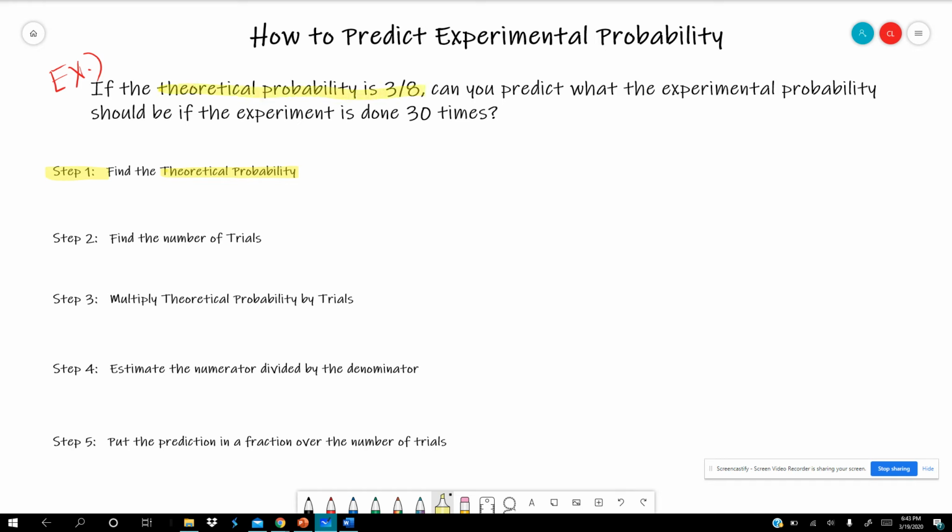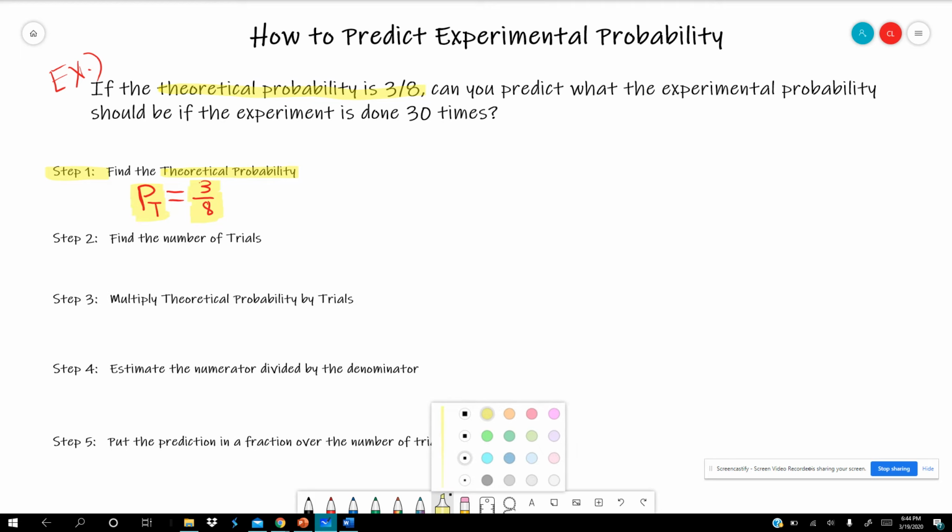So we can write that in. When we use our symbol for probability, we use a P, and to show that it's theoretical, we put a little t. So the theoretical probability equals 3/8 here. I'm just going to keep it yellow, just to keep it separate.